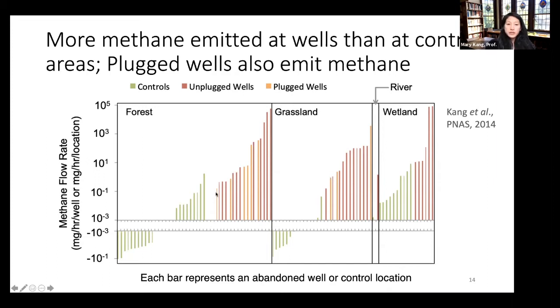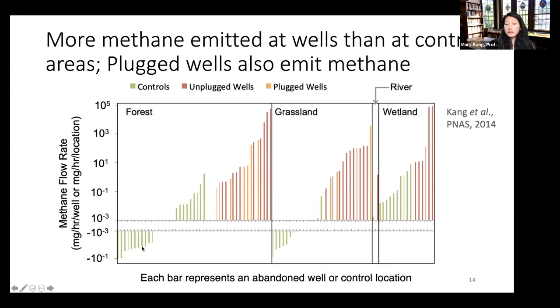So what you see here, and this is in orders of magnitude, is that at the wells, it's all positive sources of methane from 10 to the -1 to 10 to the 5. Whereas in controls, they can be sources of methane, but it's generally much lower.